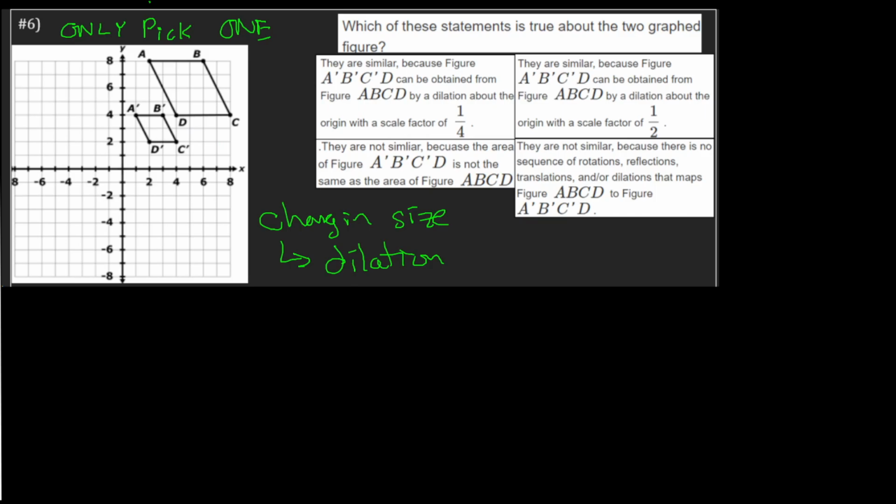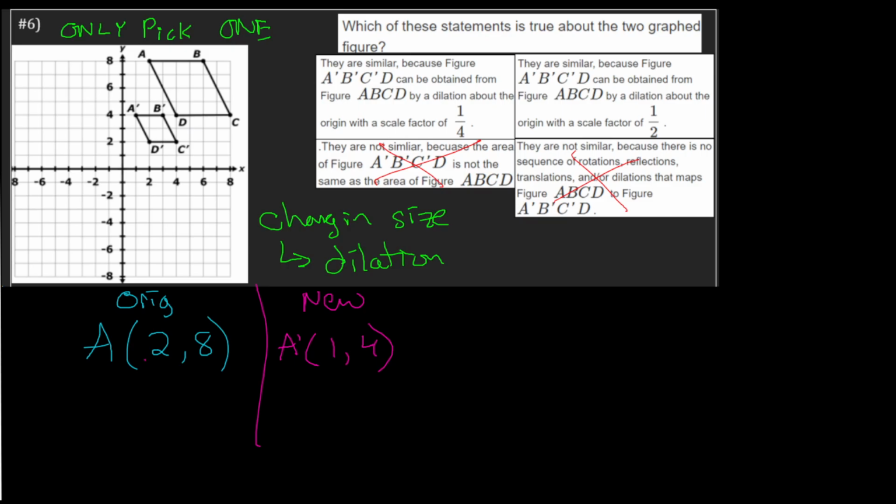So right away I can cancel out some of these options. It's not going to be this one because it just talked about dilation, and it's not going to be that one. Another thing I can find out: say my original point A was 2, 8, and my new point A prime was 1, 4.